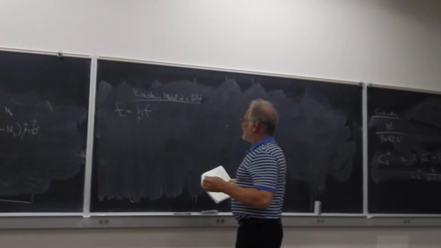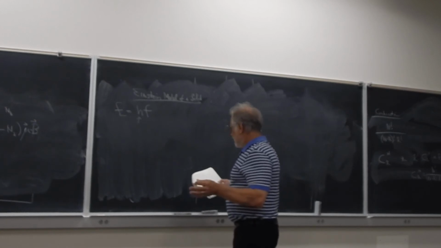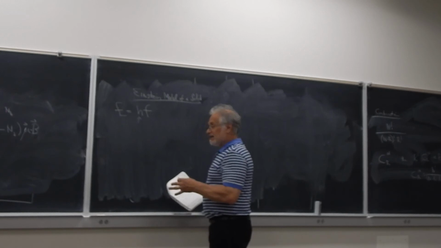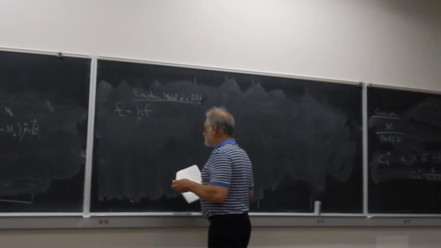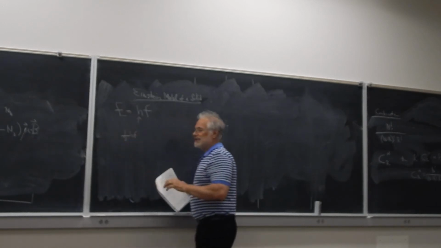One of the things that Einstein was able to point out is that the energy of these oscillators at the zero point is not zero, but is actually 1/2 h times f.